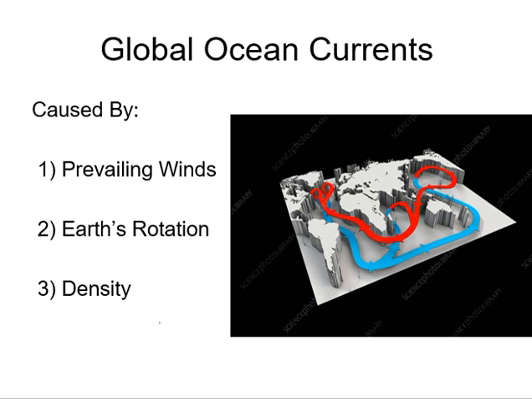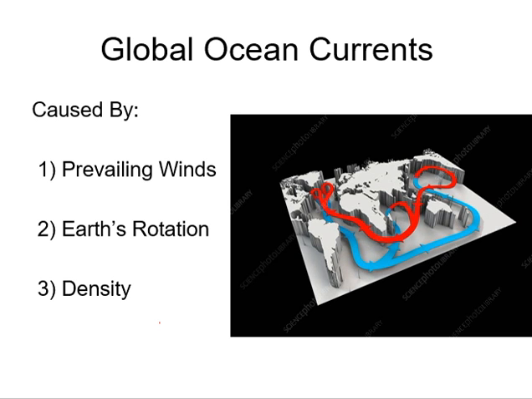These winds are influenced by Earth's rotation, and therefore the currents are influenced by Earth's rotation. Ocean currents that originate along the equator help to redistribute that heat to the poles. In this way, our ocean currents are like a giant heat pump that help to moderate Earth's climate.